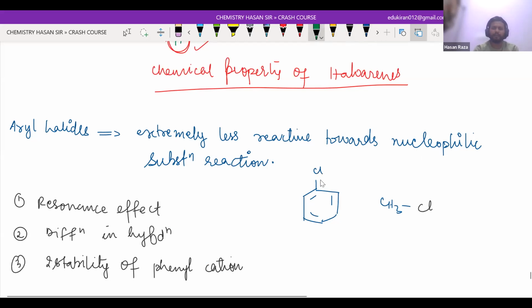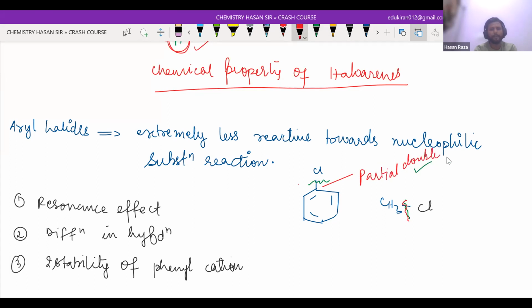As you know, to do nucleophilic substitution reaction, you need to break this bond as well as this bond. In haloalkane this and in haloarene this. But it is easy to break this bond as compared to this because this has partial double bond character due to resonance. Isn't it? Due to resonance, this C-Cl bond has partial double bond character.